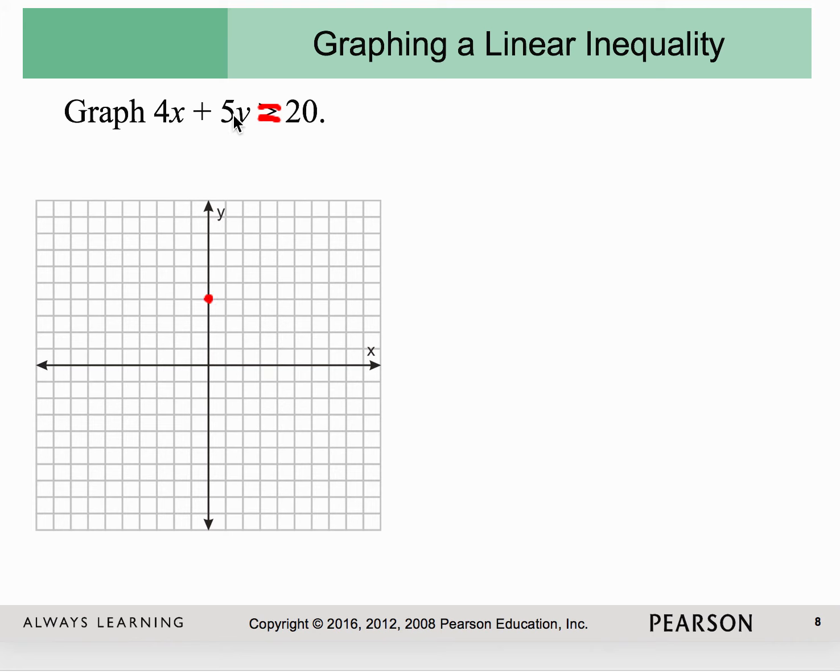If y is 0, this is gone, x is 5. The line will be dotted because it's strictly greater than. So I'm going to draw a dotted line through here.